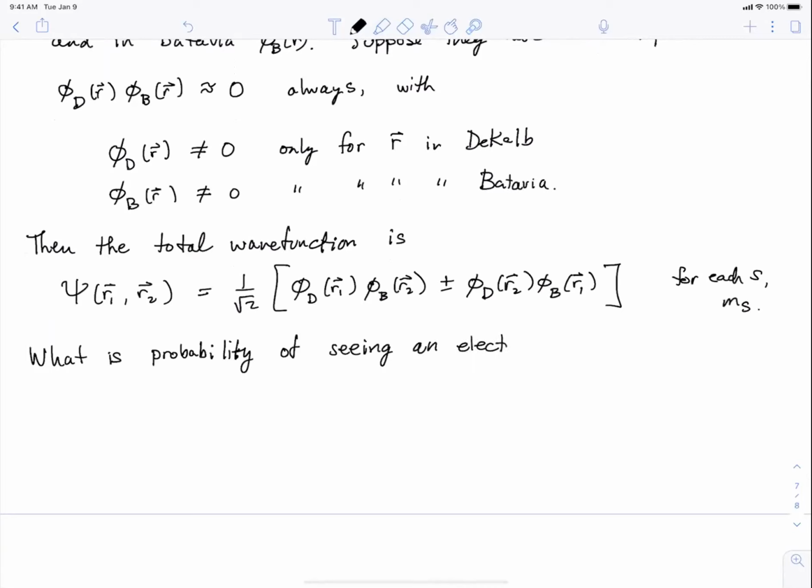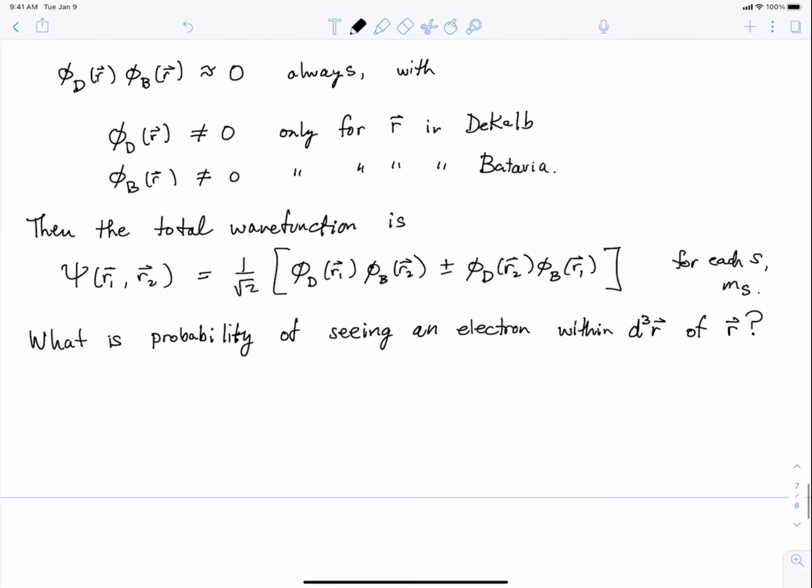I don't care which one, because after all, I can't tell the difference anyway between indistinguishable electrons within D3R of R. Okay, so the answer to that question is what I should do is I should first ask, what's the probability of seeing the electron that I labeled 1 near me? And then what's the probability that I see the electron 2 near me, and add them together.